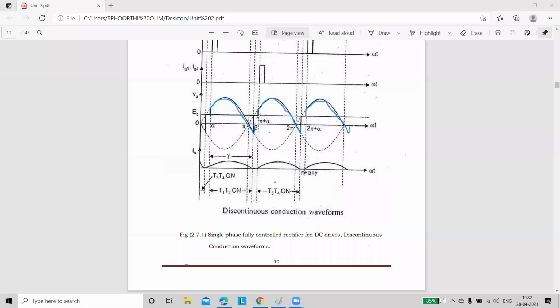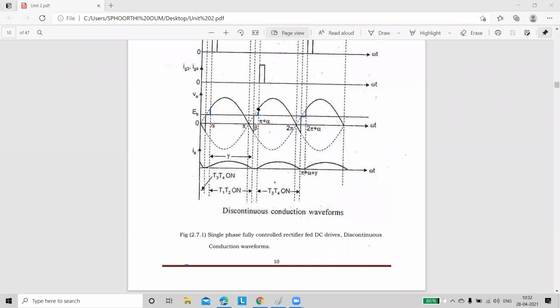Because of the back EMF, you are getting a small portion. Next, what I am doing is increasing the firing angle. So what happens to these waveforms? I am increasing the firing angle to 60. Can you guess what is going to happen? The discontinuity will increase further, ma'am. Okay, right.